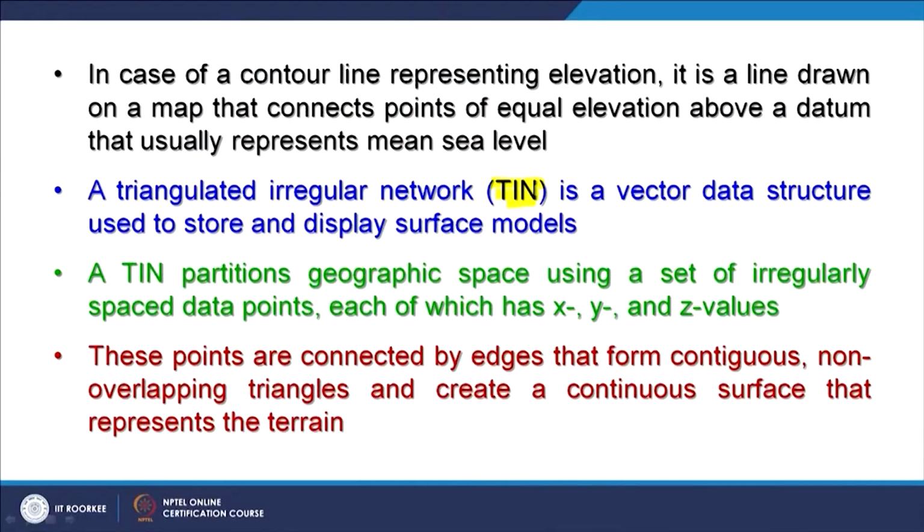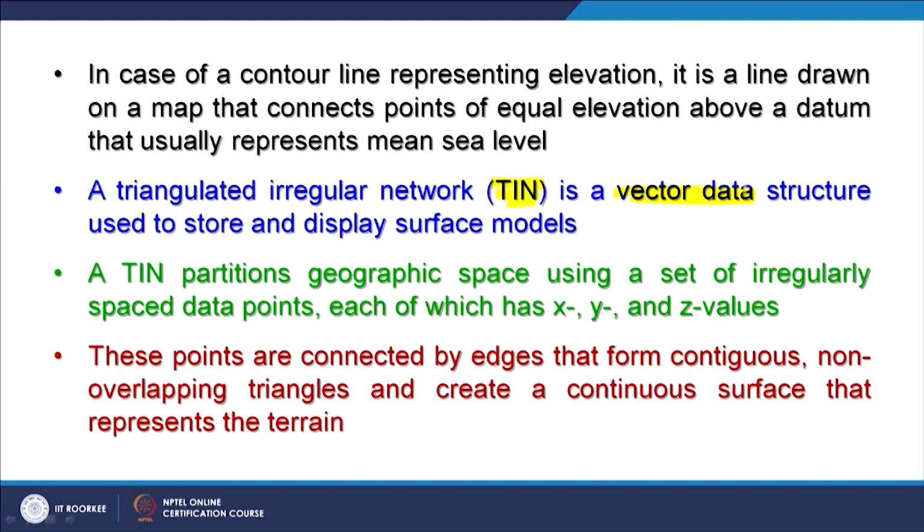Now there is another way, which we have also discussed, to create a surface, and that is called TIN, triangulated irregular network. Though it is not really a vector data structure, in some way it is quite close. But we considered it earlier in our discussion as a completely separate data model.